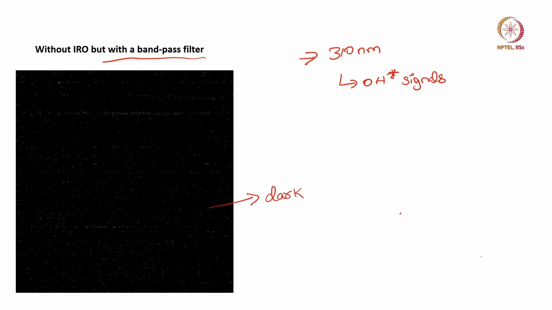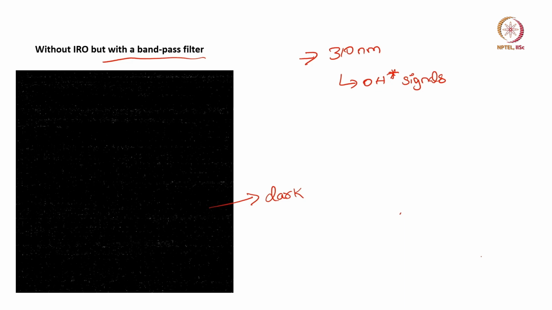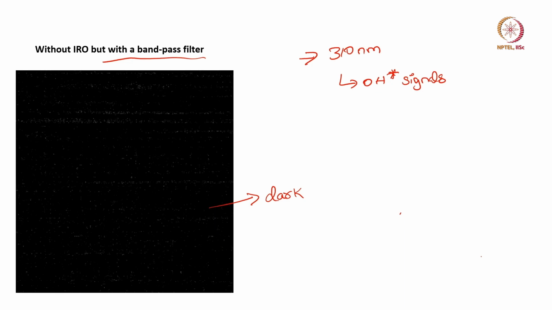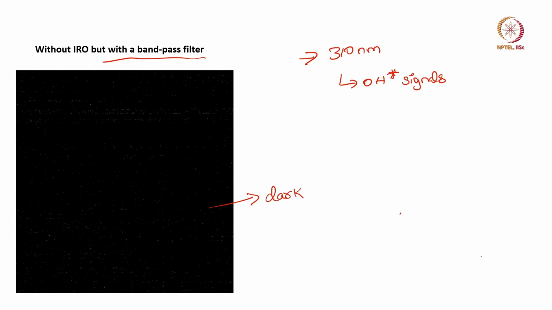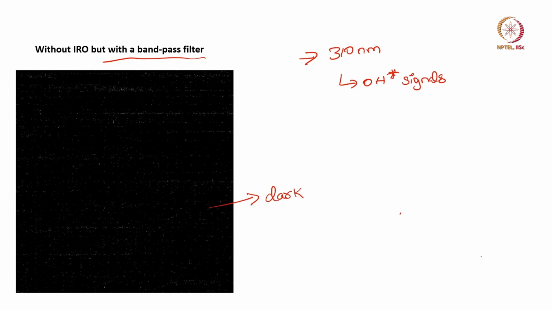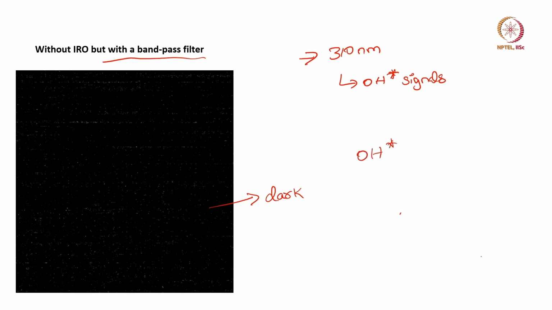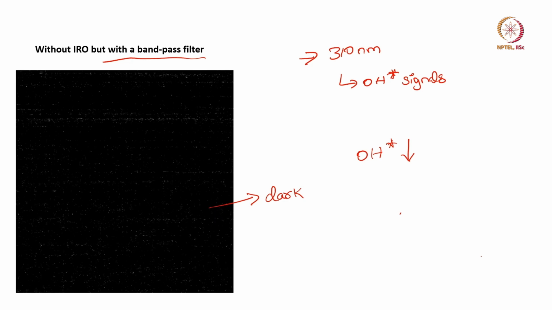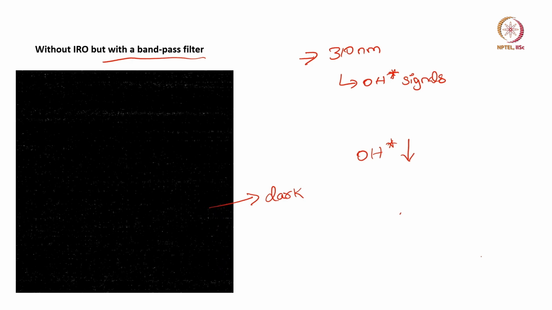This aligns with our earlier observation without a bandpass filter and without an IRO. In general, the intensity of the OH signals from the flame is inherently very low and cannot be effectively captured without a signal amplifier.